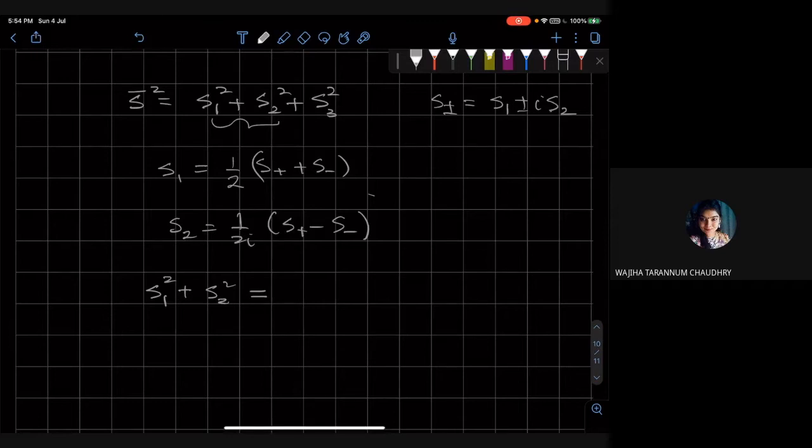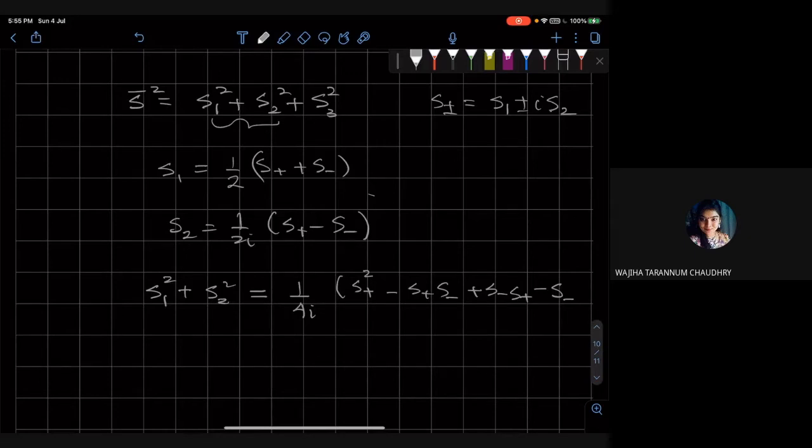So S1 squared is going to be a half of 1 over 4, and then I get S plus squared, plus S minus squared, and then there will be a plus of S plus S minus and S minus S plus, and then a minus S minus squared.